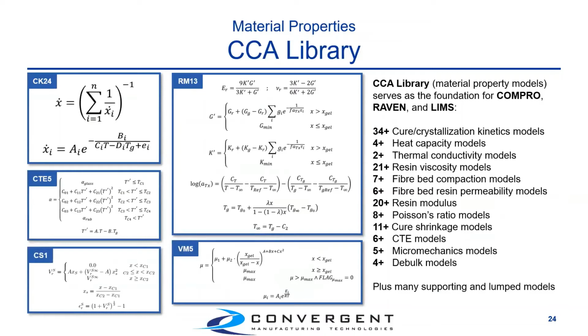And the equations behind all of these material constitutive models are available to all of our customers, so you can look at the equations, the references to the papers, if they are coming from literature, that you can look at and study and see if it's applicable to your case or not. So it's very transparent at the CCA level. All the equations, all the material parameters are available to the customers.